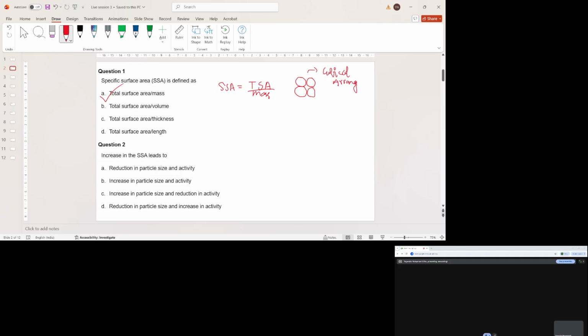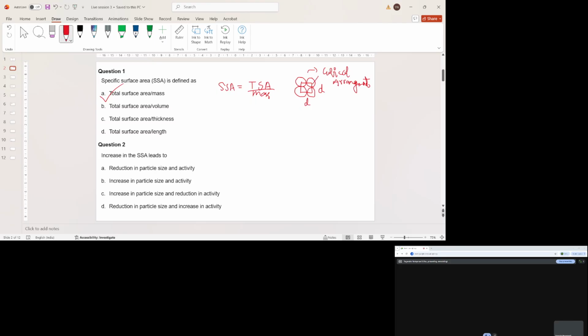This is one of the simplest grain arrangements that is present. Now the center to center distance is D. Now the total surface area: it has six faces, top and bottom, 1, 2, 3, 4, 5, 6.